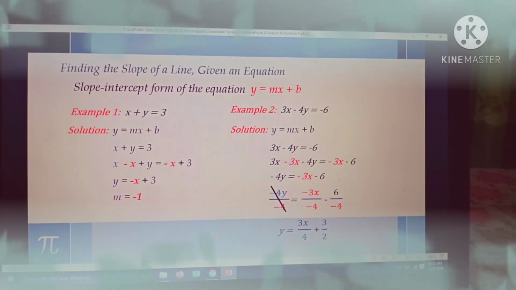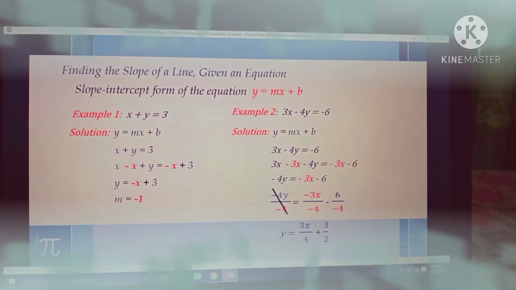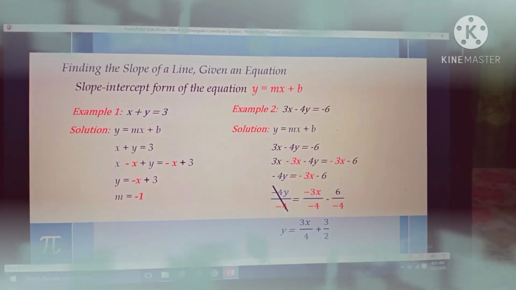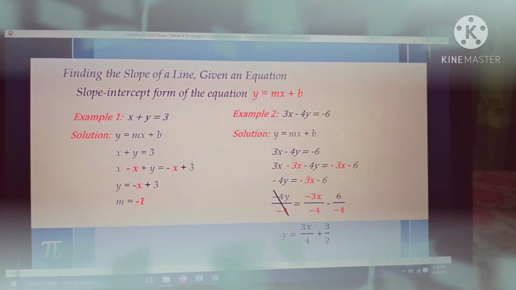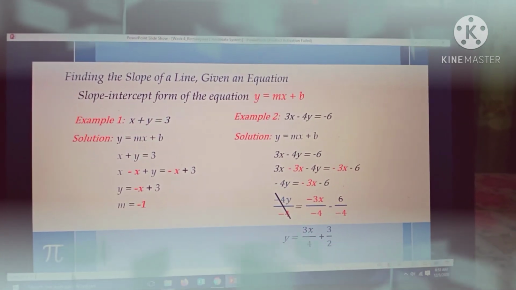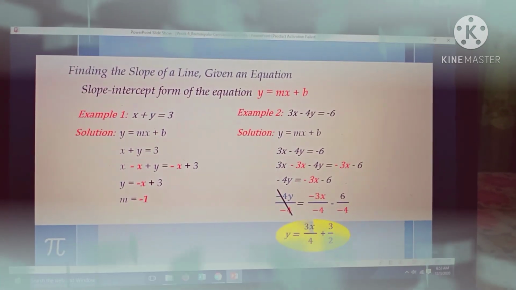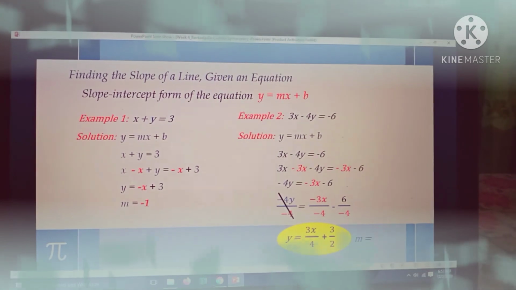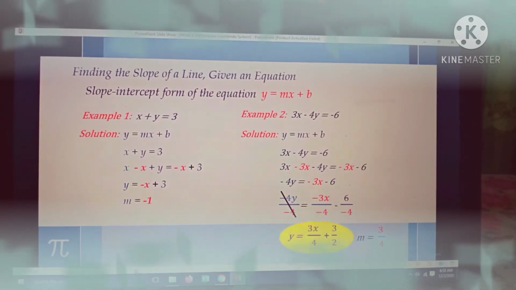So y is equal to 3x over 4 plus 3 halves. How do we get 3 halves? We simplify 6 over negative 4, and since negative divided by negative gives a positive, the slope is 3/4 and the y-intercept, or b, is 3 halves.